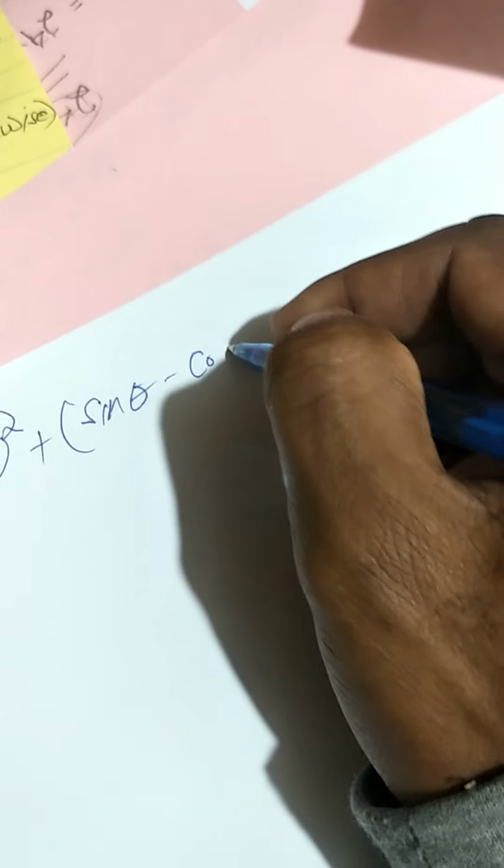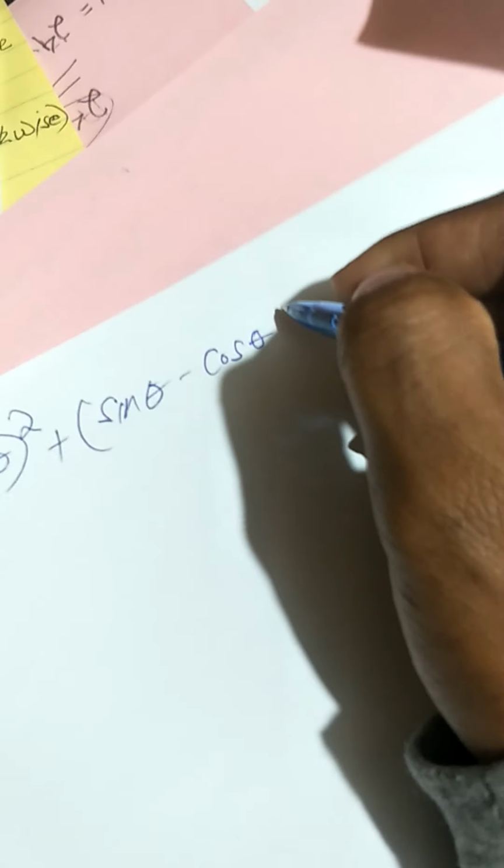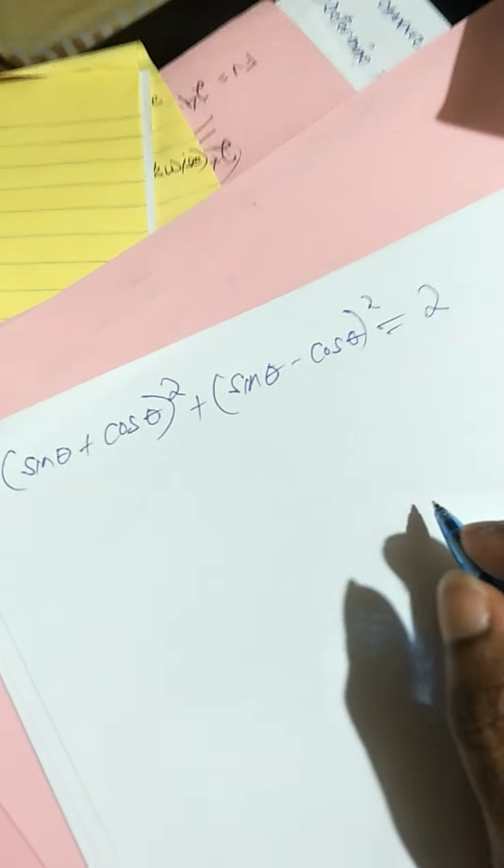Problem number 3 states that open brackets sin theta plus cosine theta close brackets raised to power of 2 plus open brackets sin theta minus cosine theta close brackets raised to power of 2 is equal to 2.